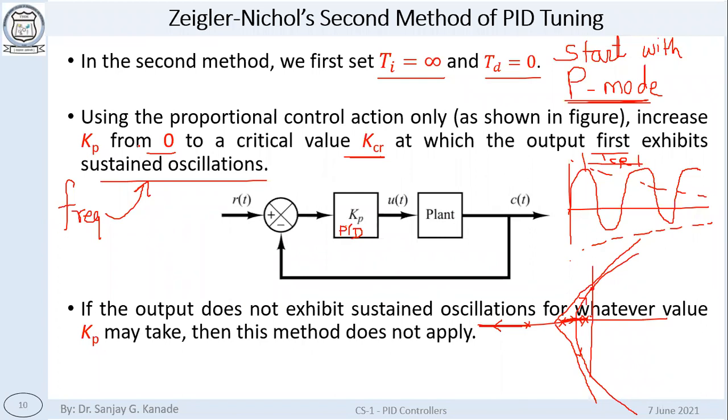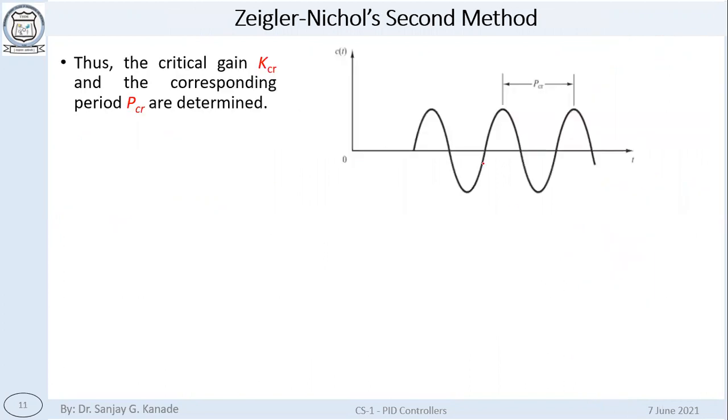When you start increasing the gain, how much gain you have to increase to bring the system to the verge of instability, that is what you are calculating here, the gain margin. Once you calculate this, we will get this kind of sustained oscillations, right?